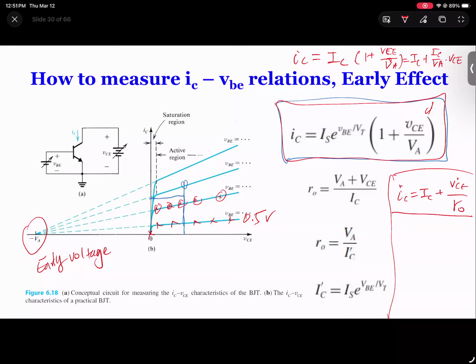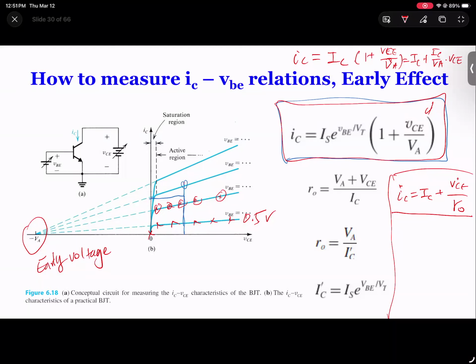So this equation represents how much more current you get when VCE increases. When VCE is very small, like 0.3 volts, this term is negligible, so your total IC is determined by the exponential expression. But when VCE increases, this term becomes more dominant, and sometimes can be as much as IC itself.